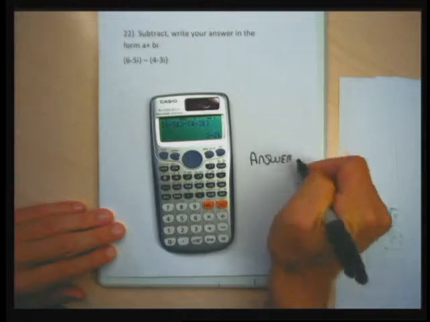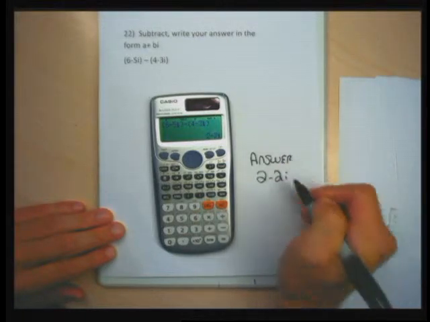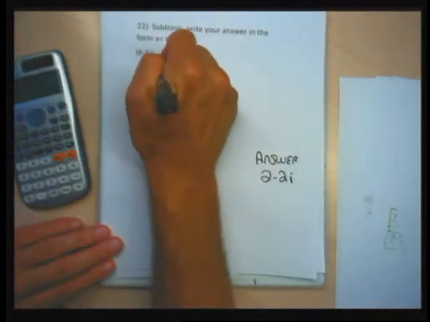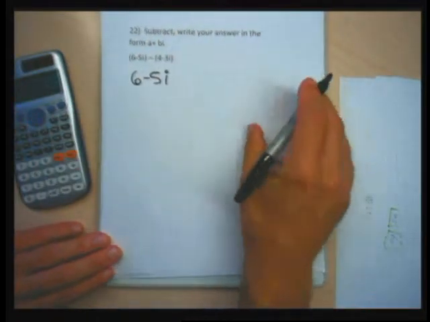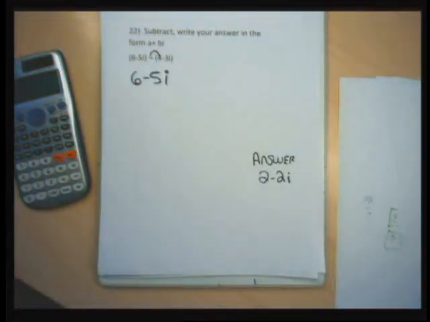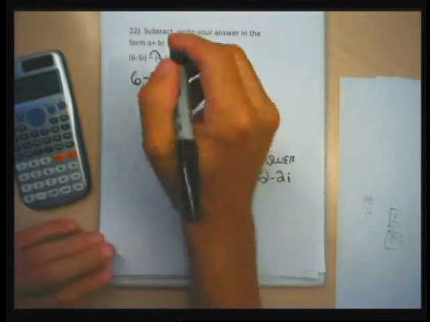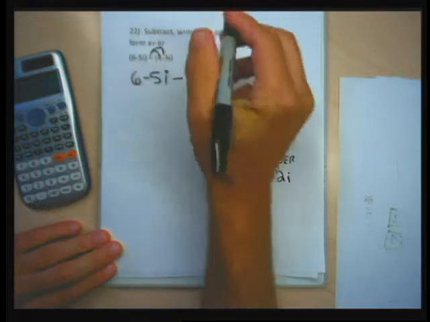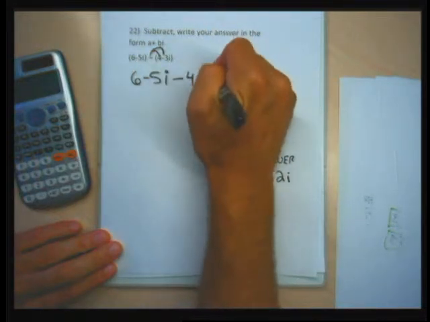If I'm doing this by hand, I drop the first parentheses and get 6 minus 5i without doing any changing. In the second parentheses, I attach the negative to the 4, and I flip the sign on the 3i from negative to positive.